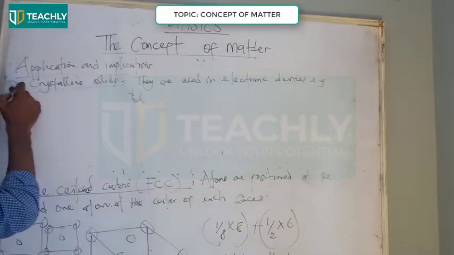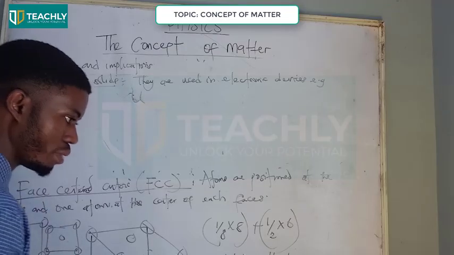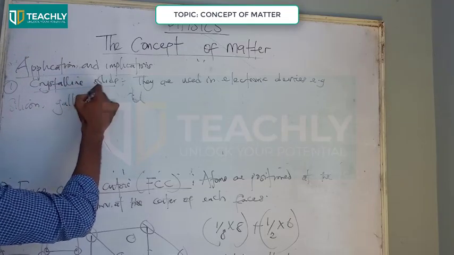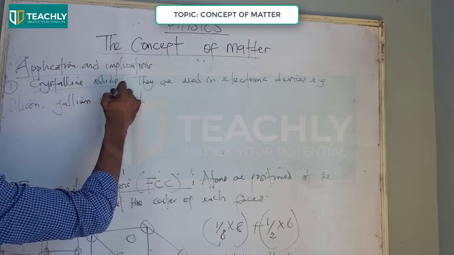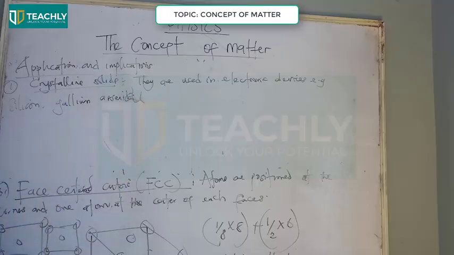And then another one is gallium arsenide, because of its organized structure. That's why we're using it in electronics.